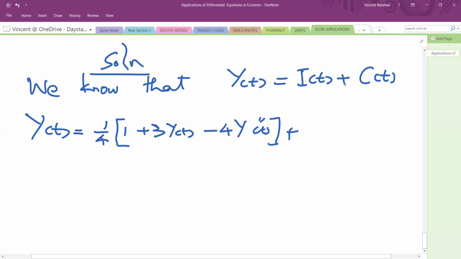Then I add to the C function, which is given by I minus first derivative of Y.